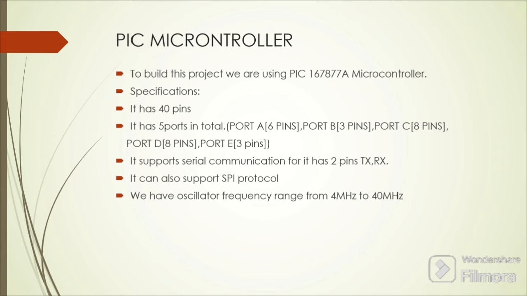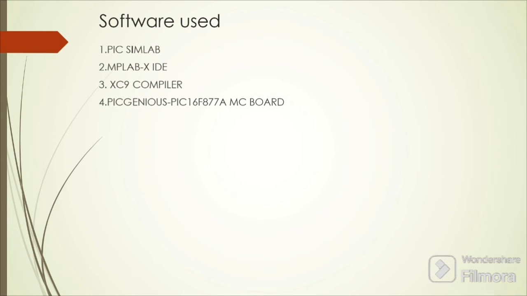And coming into the software used in this project, those are PIC Simulation Lab, MPLAB IDE, XC8 compiler, and Pack Genius. In Pack Genius we have to select a particular board in the PIC simulation lab. So here we can see the PIC16F877 microcontroller board. We are using this board in this project. The PIC simulation lab is a virtual IDE, virtual software.